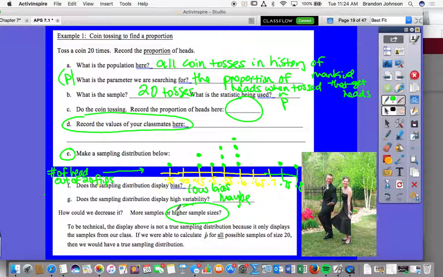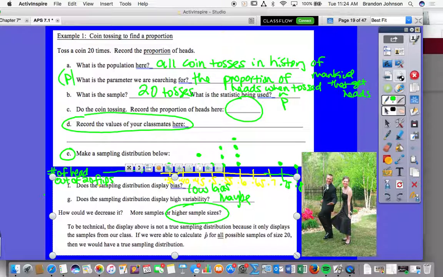We're going to still call it a sampling distribution, but a true sampling distribution is taking all of the samples possible and putting it into a distribution. All possible coin tosses of size 20, all of them, that would be a true sampling distribution. However, we'll call it this because is that possible? No, it's not possible, but I just want to make sure you are aware of that.